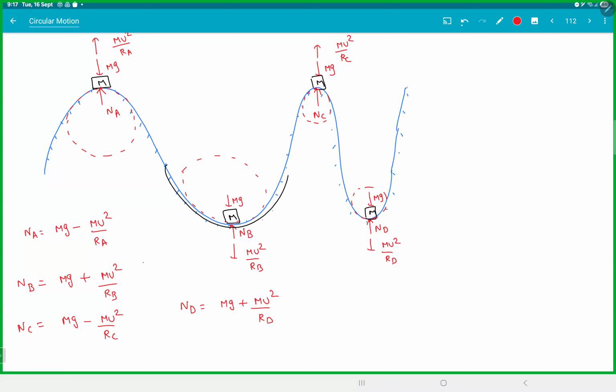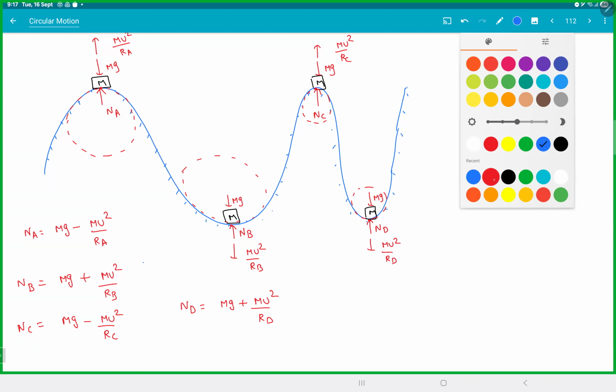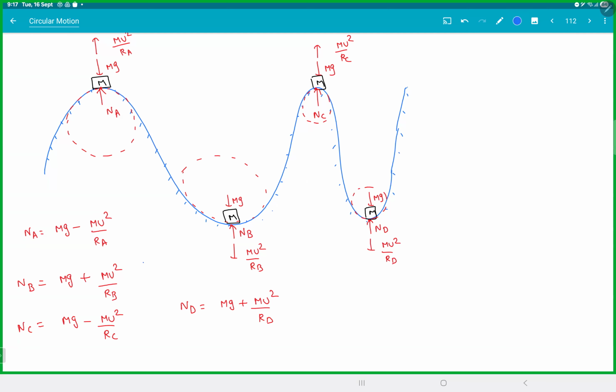Now you can clearly see here at the lowest positions we have more. So one thing is clear, NB and ND are greater than NA and NC.